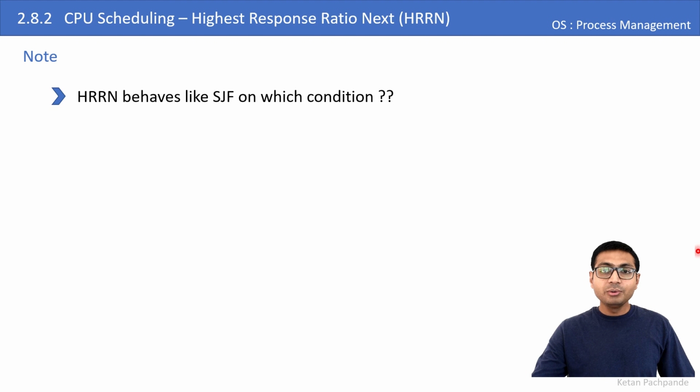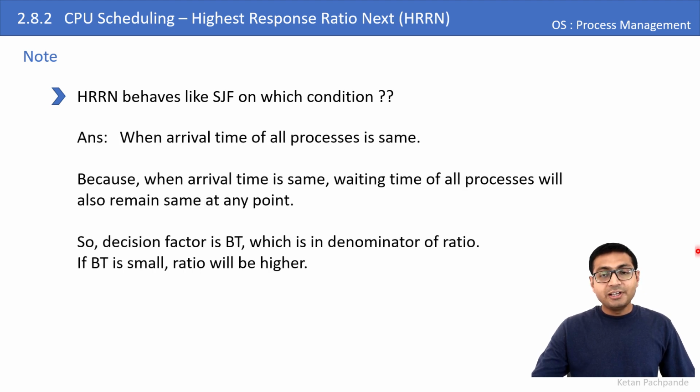One question for you: when does this HRRN algorithm behave like the shortest job first algorithm? So here is the explanation. When the arrival time of all processes is the same, in that case, if you draw the Gantt chart of the SJF algorithm and if you draw the Gantt chart using the HRRN algorithm, both Gantt charts will be the same.